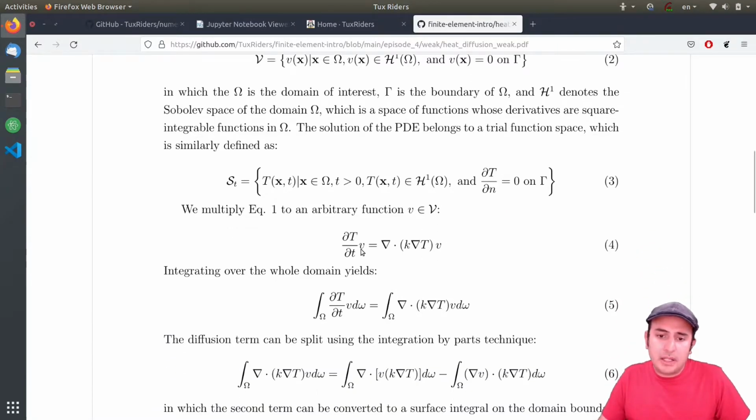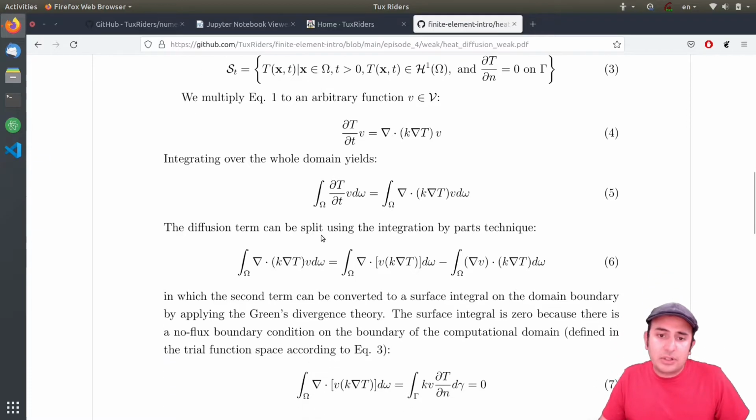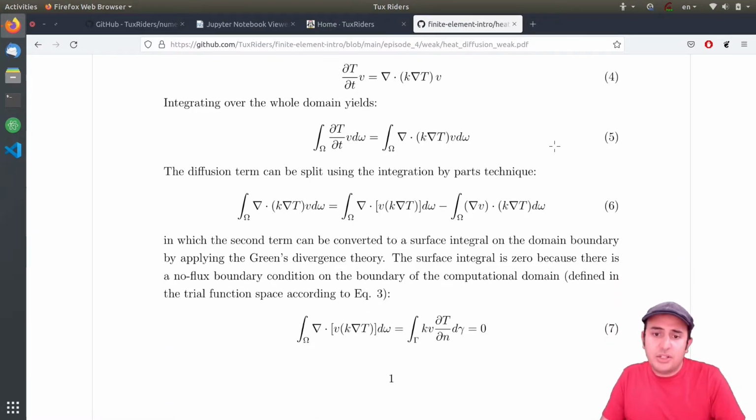We multiply both sides by the test function, and then we integrate both sides, and this one is second order. You can see that in the end it becomes k, the Laplacian of T, if it is constant, but generally it's second order, and for second order, as we discussed in a previous video, we cannot have second order in the weak form because the Lagrange polynomials do not have a second order derivative, because they are linear.